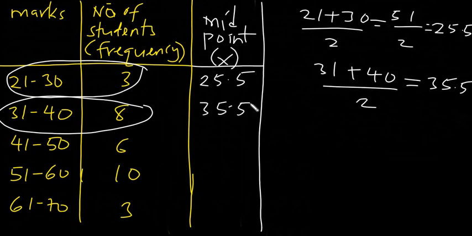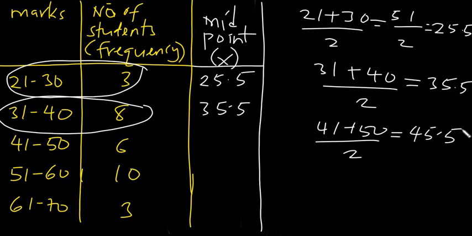Then for this other one, we have 41 plus 50 divided by 2, which gives us 45.5. For this other one, we're going to have 55.5. And finally, for this other one, we're going to have 65.5.